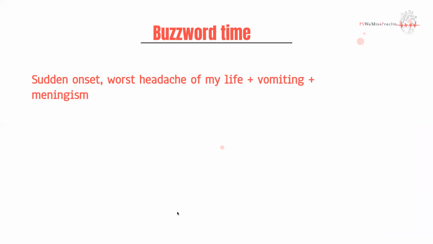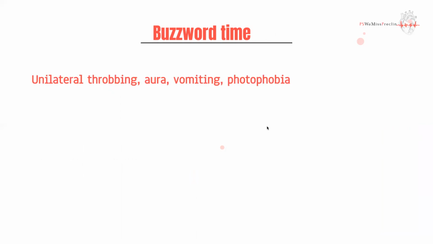Hope that helps. So let's go through a few buzzwords. A patient presenting with a sudden onset, worst headache of their life with vomiting and meningism is going to be a subarachnoid hemorrhage. Again, remember, meningism doesn't exclusively mean meningitis. A unilateral throbbing headache with aura, vomiting, and photophobia, we discussed this earlier, is typically a migraine.